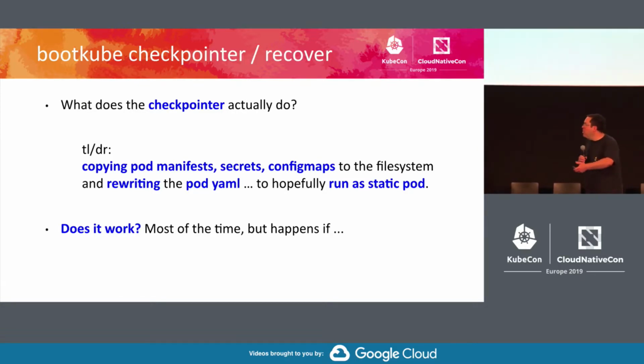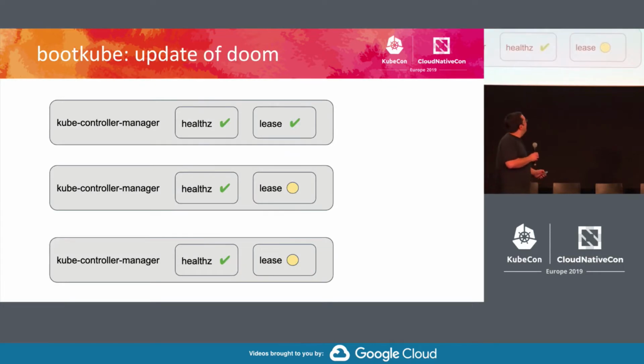You never actually run them, but you have a pod YAML that you think is going to work when you replay it, right? So the idea is that if everything goes down, you find your static pod YAML, you start over again, rebootstrap, repivot.